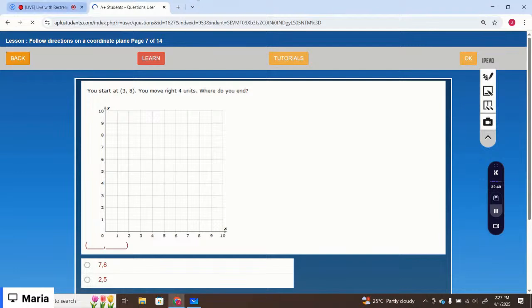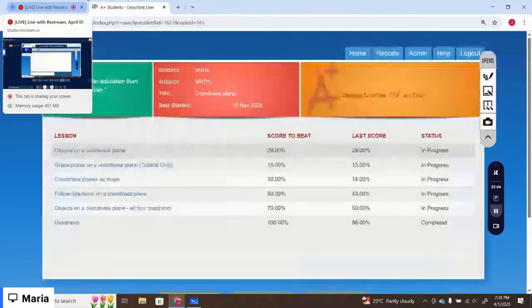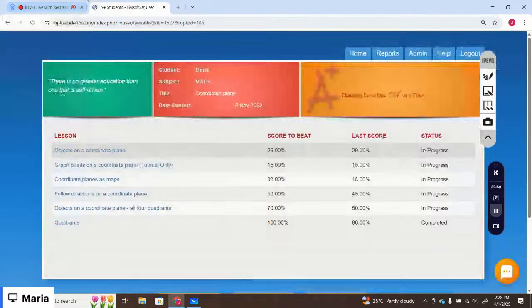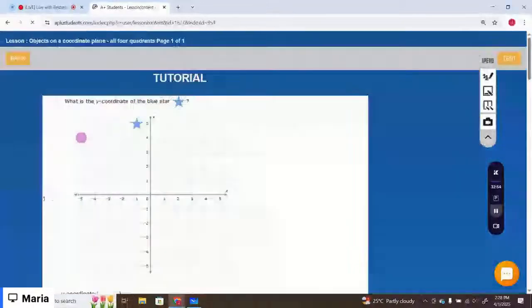The next lesson is objects on a coordinate plane or four quadrants.